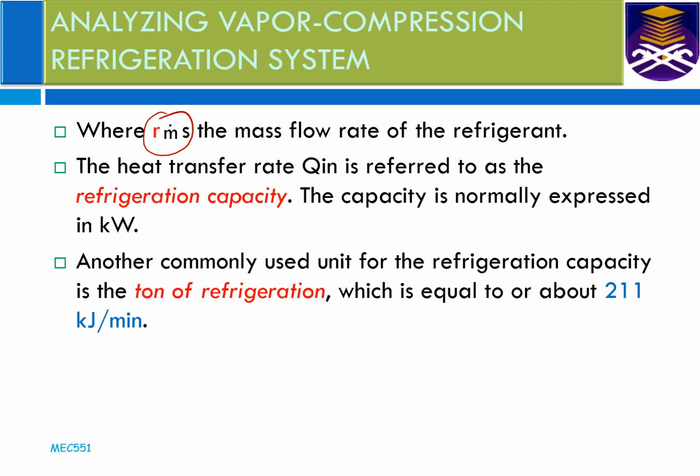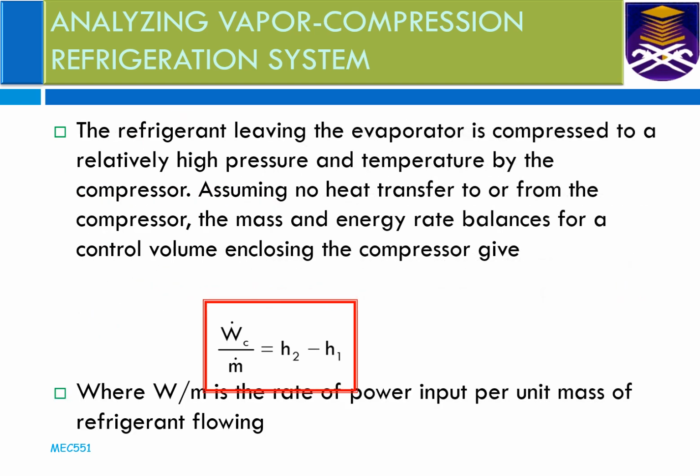And then Q dot in is referred to as the refrigeration capacity, and it is normally expressed in kilowatts. Another common unit used for the refrigeration capacity is known as the ton of refrigeration.